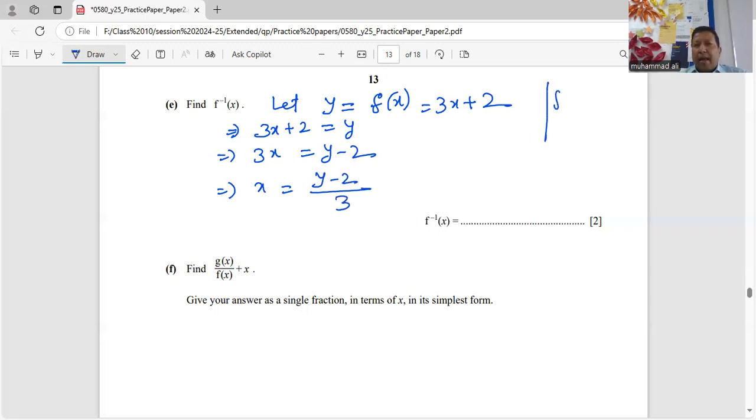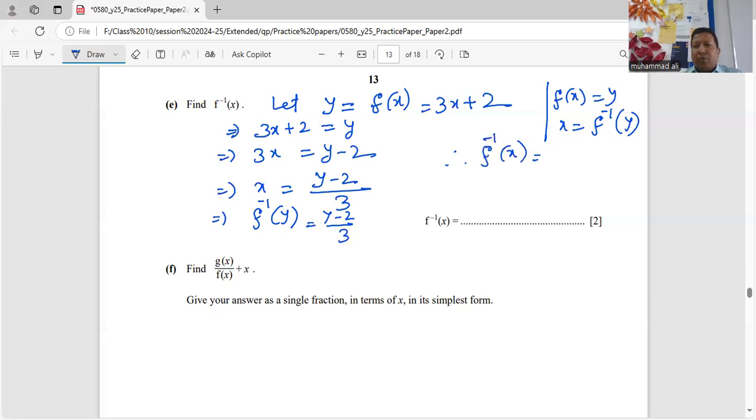As we have taken f(x) equals y, you can write x equals f inverse of y. So instead of x, you can write f inverse of y equals (y minus 2) divided by 3. So finally, you can write f inverse of x equals (x minus 2) divided by 3.